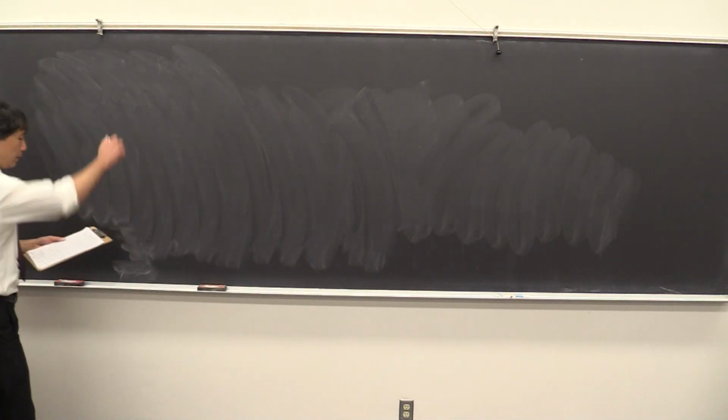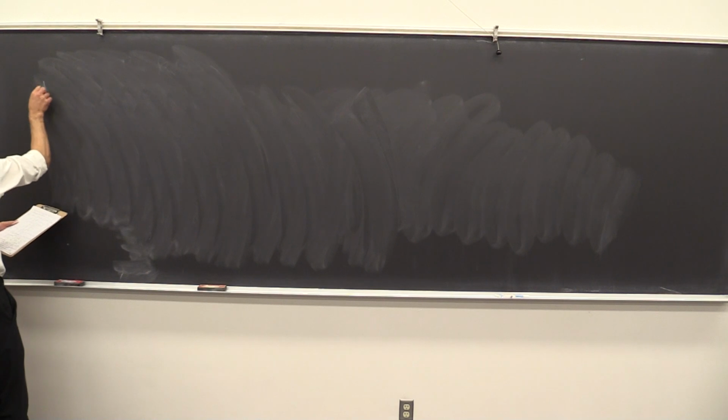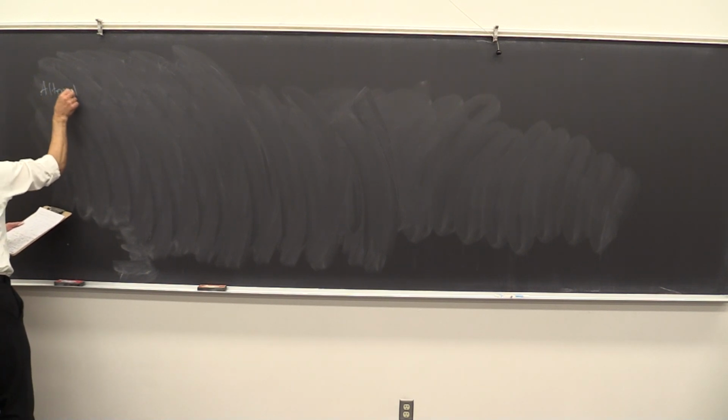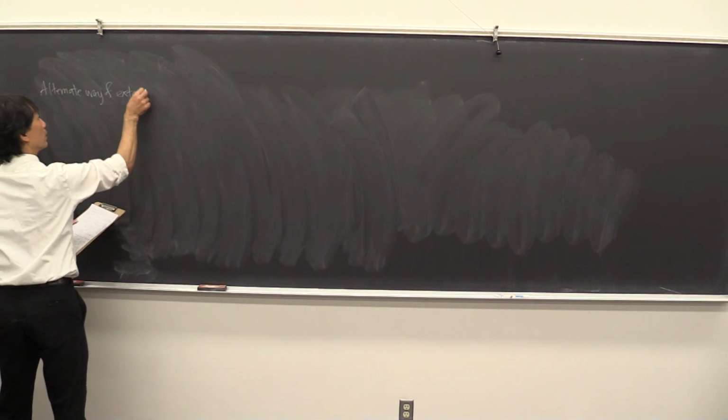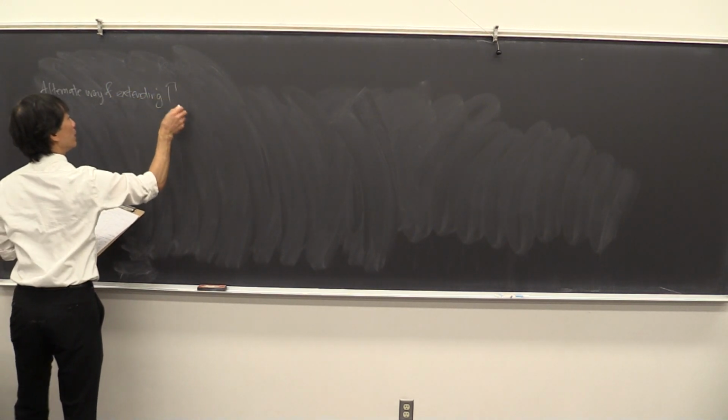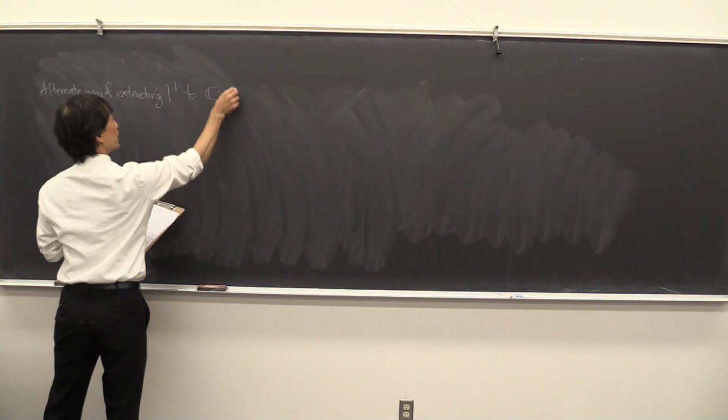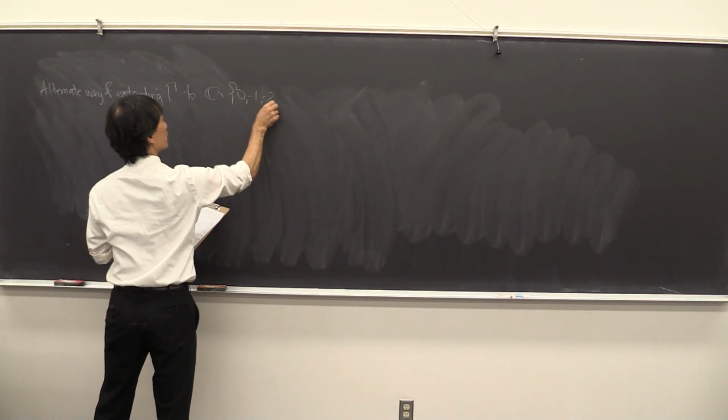So this is an alternate way of extending gamma to C, excluding these points.